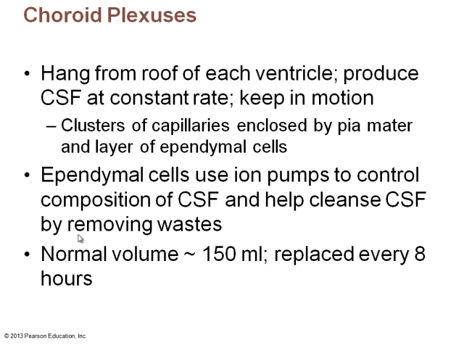We use ion pump controls to make sure we have the right materials for cerebrospinal fluid, and we also get rid of the older fluid at the proper rate. About 150 milliliters, and we replace it every 8 hours. So we're constantly making new.